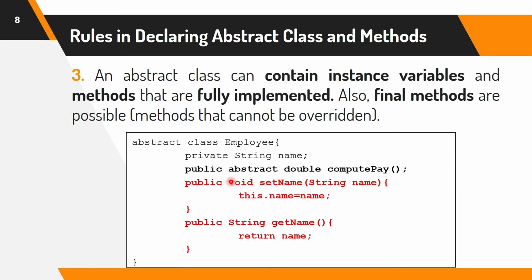Possible kasi nga, it is not declared as an abstract method. So, kung na-declare siya as abstract method, parang itong line na ito, there is no implementation, and responsible for that implementation is the subclass or its subclasses.